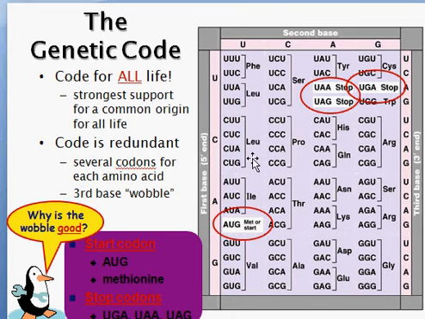So that 3rd wobble position shows us how there can be room for mutations or errors in the code when they occur in that 3rd position, because the 3rd portion of the code seems to have some flexibility to it. And it's shown in the way that we have this redundancy among the different codons.